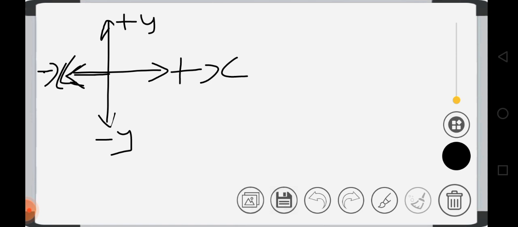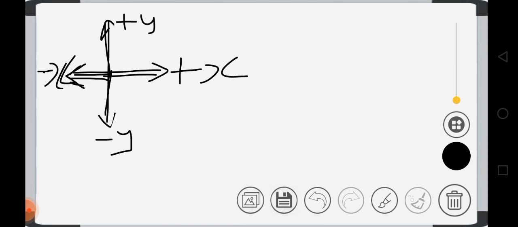We call them components. A component means the amount of force going towards a particular direction. So the X component moving to the left is negative, to the right is positive. The Y component to the downside is negative, to the upper side is positive. That's the first thing you have to note.